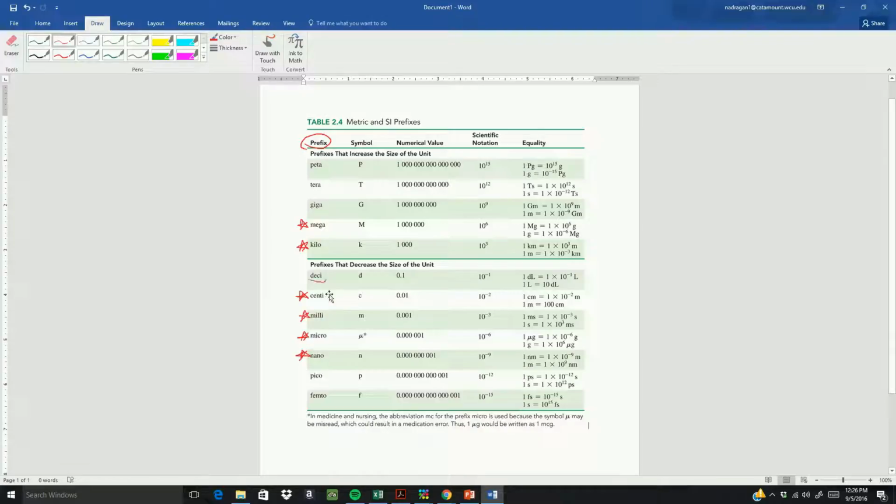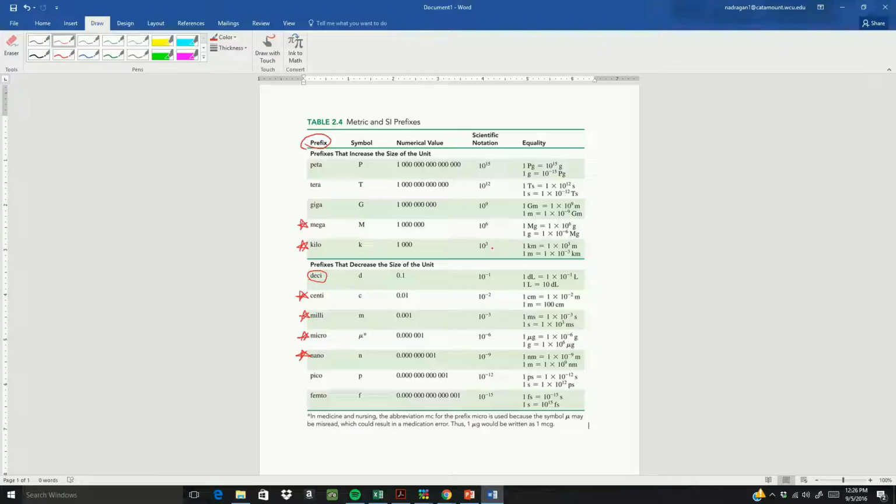We don't really use deci in chemistry very much because it's such a small conversion factor.